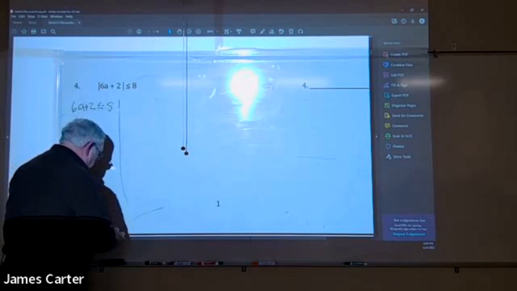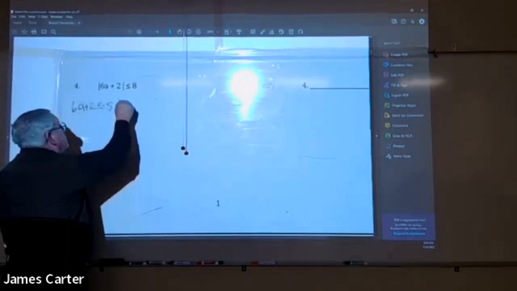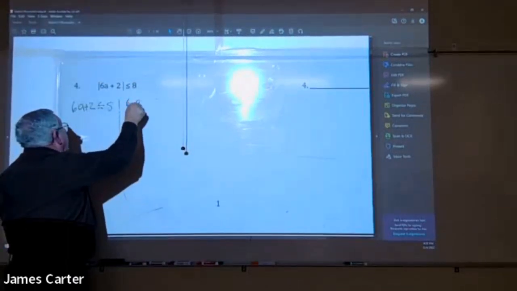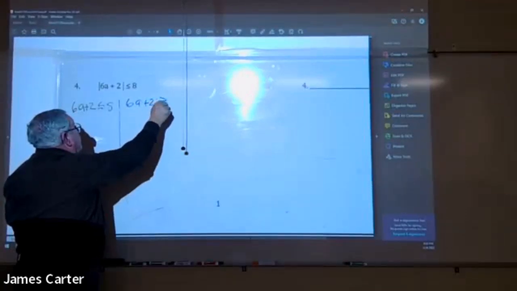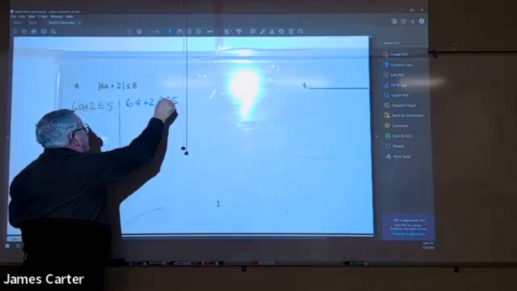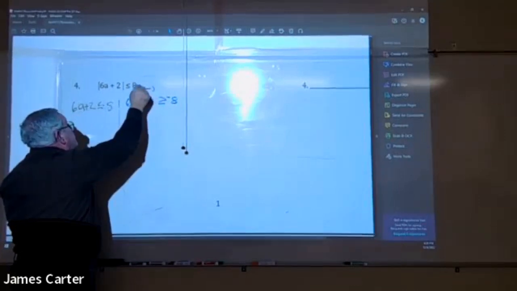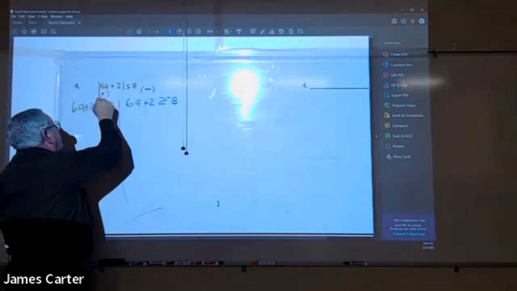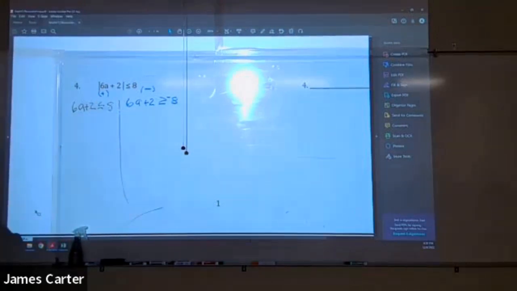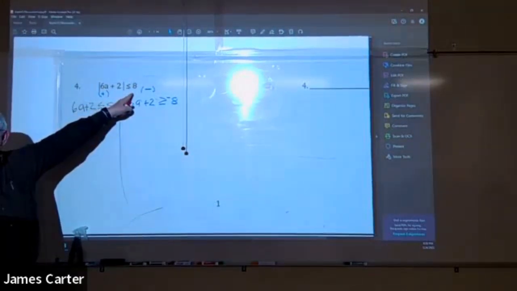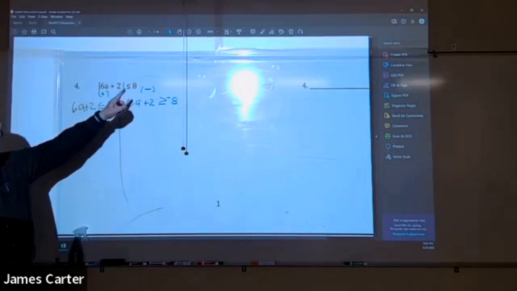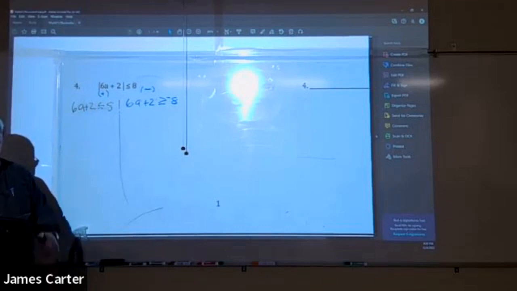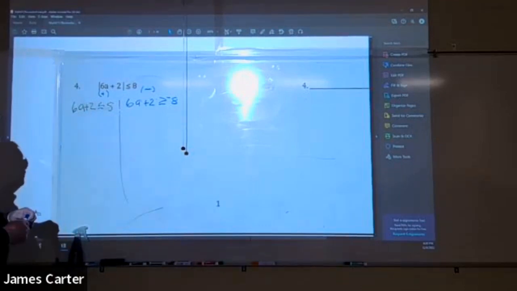Here's the important part. 6a plus 2 greater than or equal to negative 8. Here's the minus side, here's the plus side. Remember, on the minus side with less than or equals or greater than, you have to flip the symbol on the minus side. So that's the critical step in this problem.